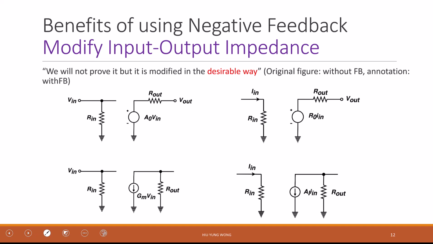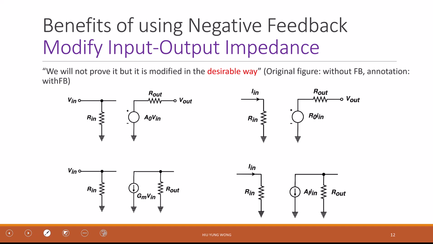Everything else is better, including the input and output impedance. It's going to change the input and output impedance in the way that you want. But what is the desirable way? It is the way to make your amplifier more ideal.